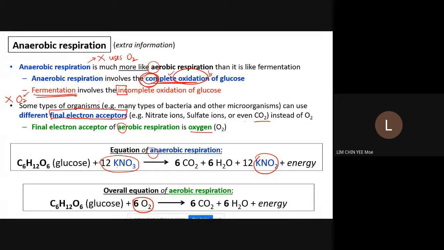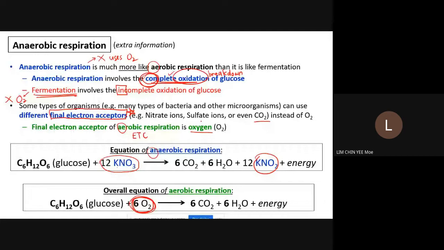It means it still involves the complete breakdown of glucose. The only difference is that it doesn't use oxygen as the final electron acceptor. Dia ada benda lain sebagai final electron acceptors dalam ETC dia. Kalau untuk aerobic respiration, electron transport chain final electron acceptor dia ialah oxygen.